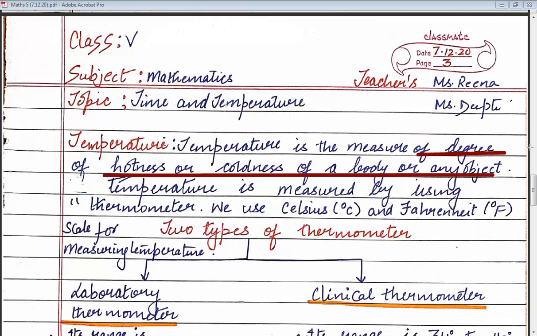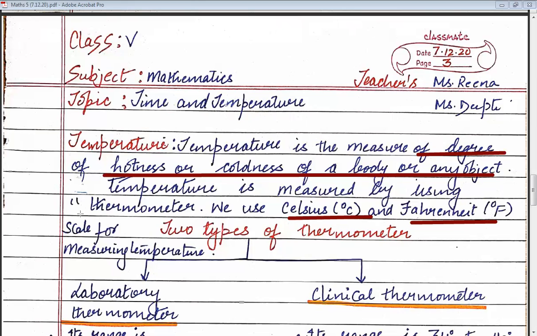Now, children, we use two units to measure temperature, that is Celsius and Fahrenheit. We measure temperature in Celsius or Fahrenheit.